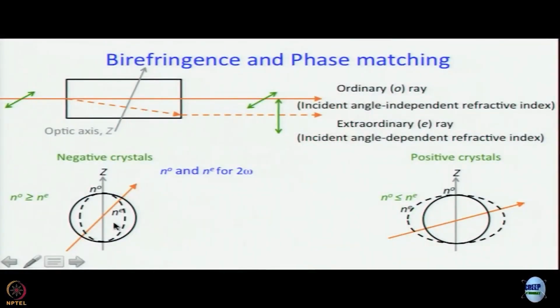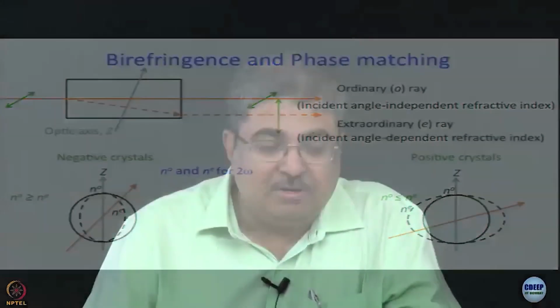Next question is, since No is a circle, it is easier to talk about No. Is No going to be the same or different for 2 omega generally? It is going to be different, we have already said that. So, is the circle going to be smaller or larger?